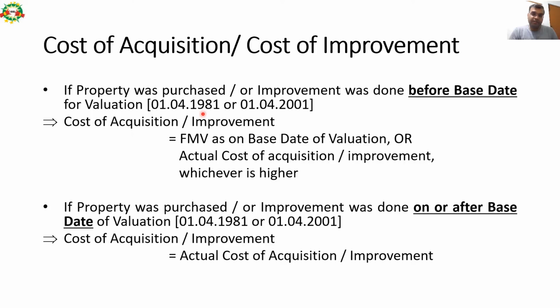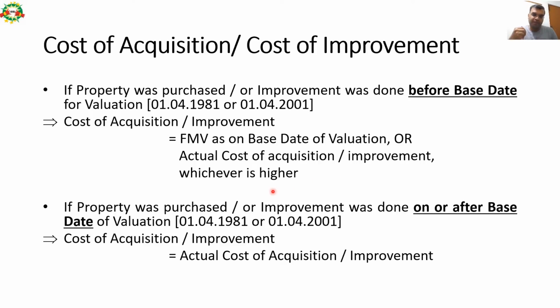If it was acquired before the base date, before 1st April 81, then the cost of acquisition or cost of improvement will be equal to the fair market value as on the base date of valuation, that is, fair market value as on 1st April 1981, one figure we have to calculate or estimate, or the actual cost of acquisition or improvement, whichever is higher.